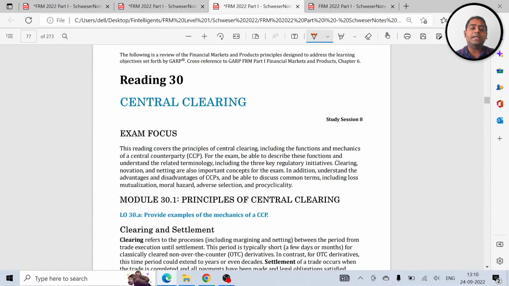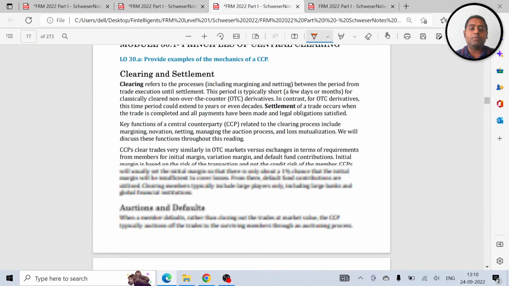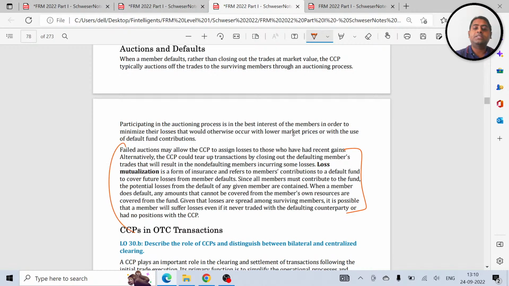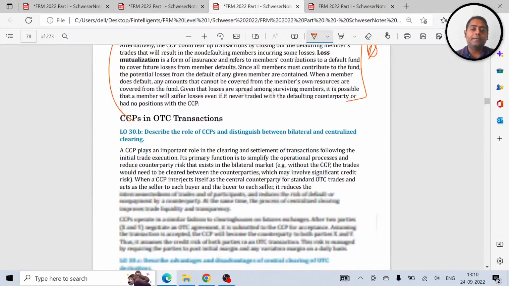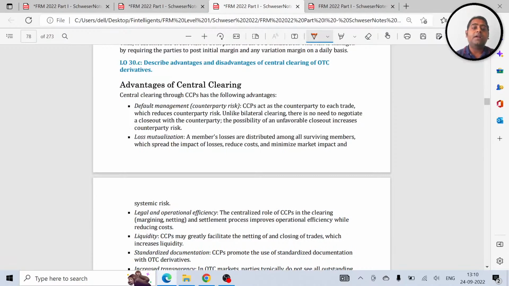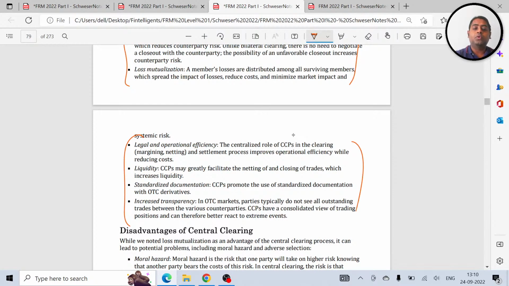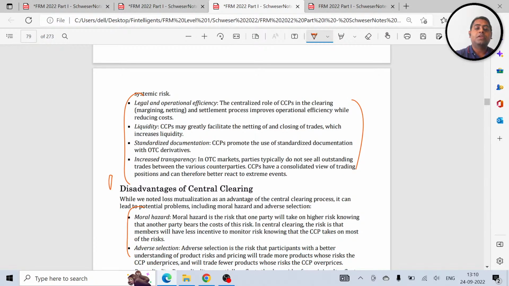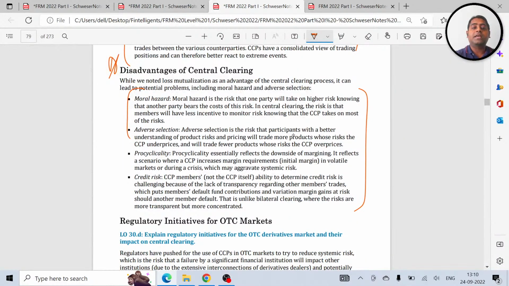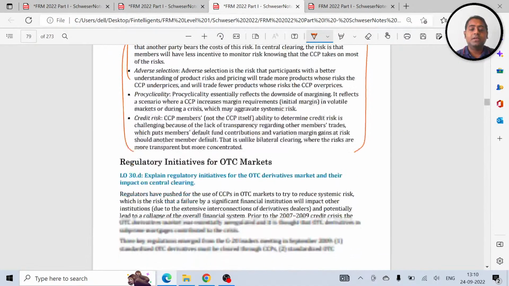Next, central clearing. When we talk about central clearing, auction and loss mutualization as a concept is important. You should know what is happening over there. CCP and OTC, okay. Advantages and disadvantages of central clearing. Don't miss this. Marking both of them as star. You should know what is happening with respect to the disadvantages.